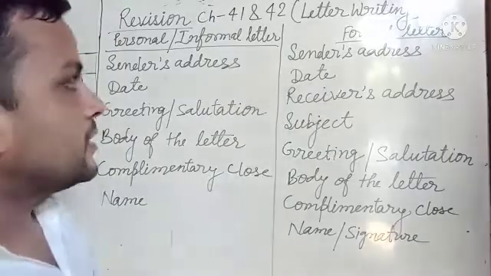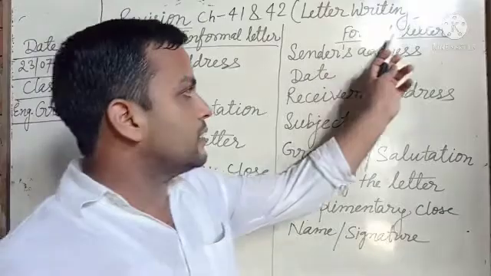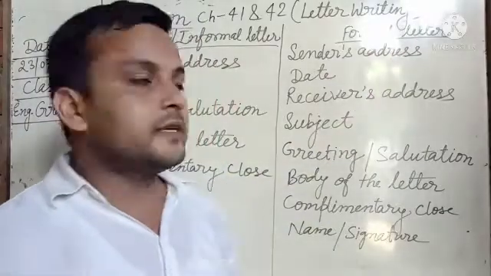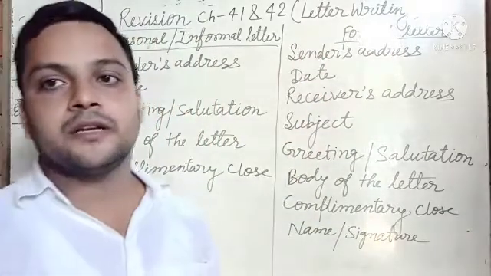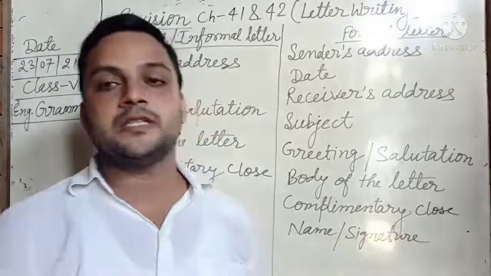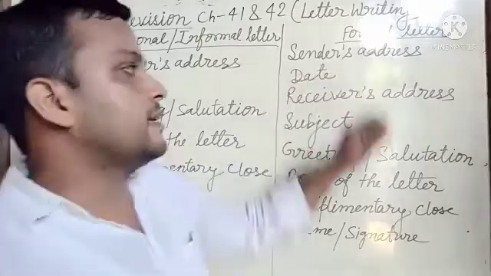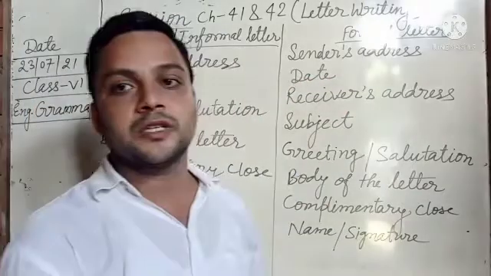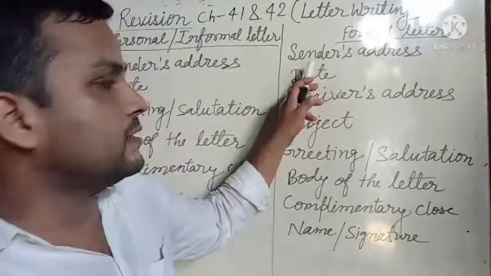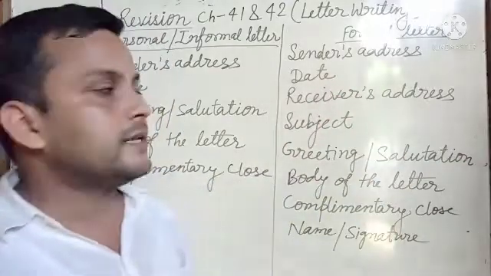In the same way, now see the formal letter. What is the format of a formal letter which we write to officers, business firms and newspapers? Firstly we write the sender's address, the address of the person who is writing the letter.